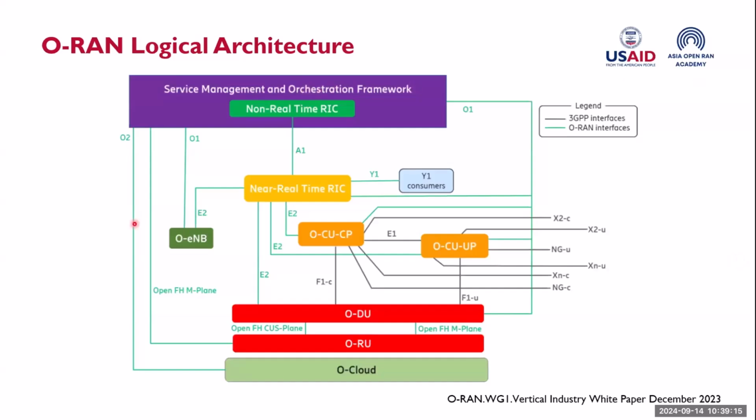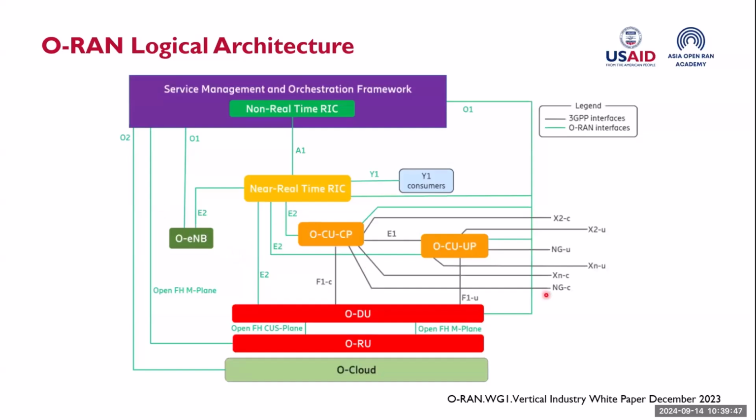You will see the near real-time RIC, or the non-real-time RAN intelligent controller. So this is a logical function that enables near real-time control and optimization of RAN elements and resources. It might include the AI or ML workflow, including the training of the ML model and inferences and some updates.